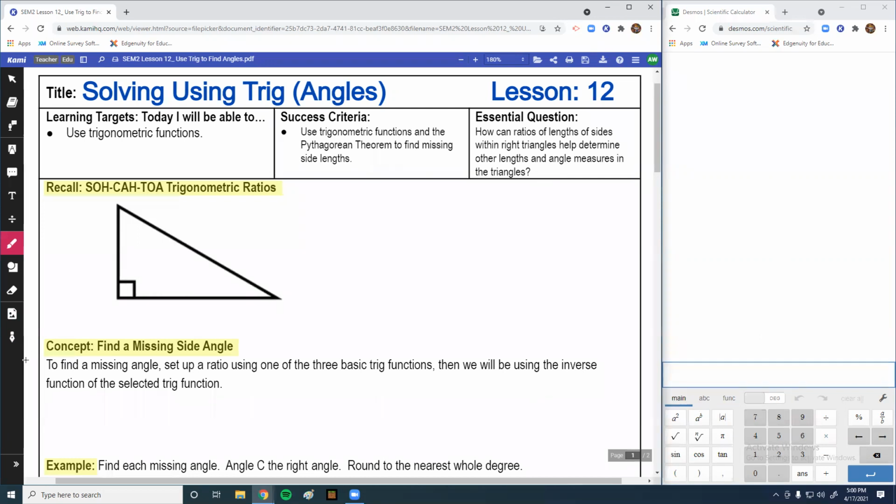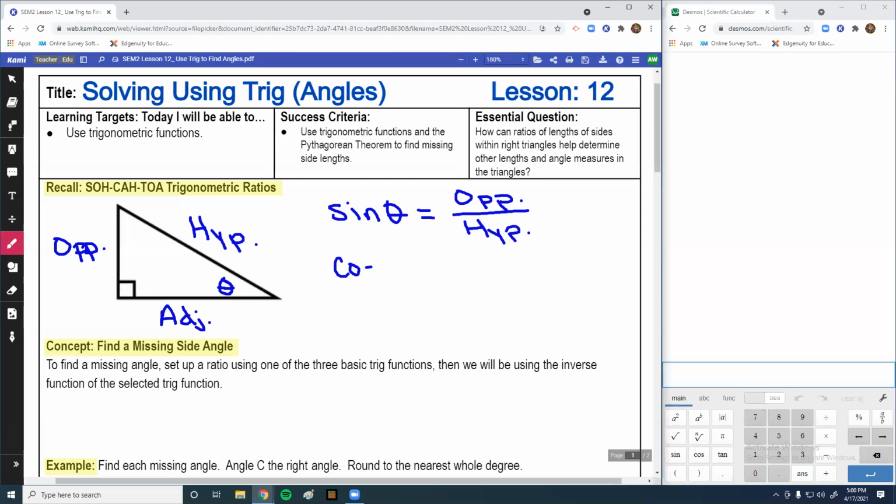First off, we are going to remind ourselves about our three basic trig functions. So I'm going to put my given angle right down here. So we have opposite, adjacent, and the hypotenuse. So our three basic trig functions are sine theta is equal to opposite over hypotenuse.